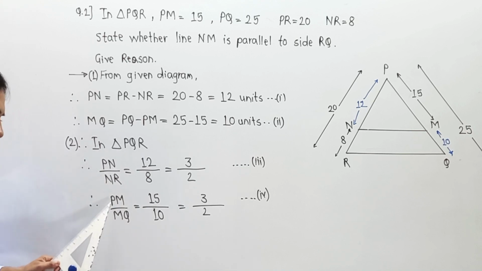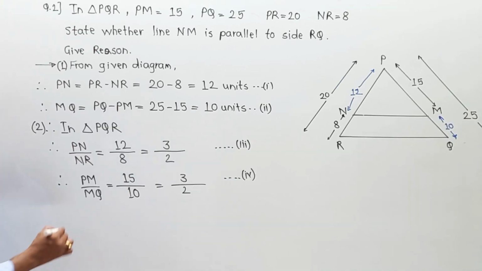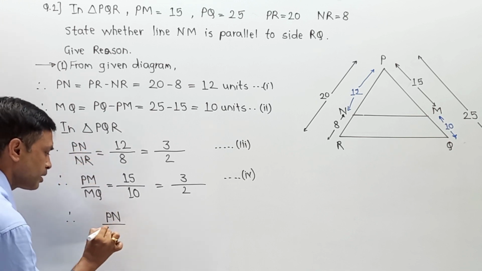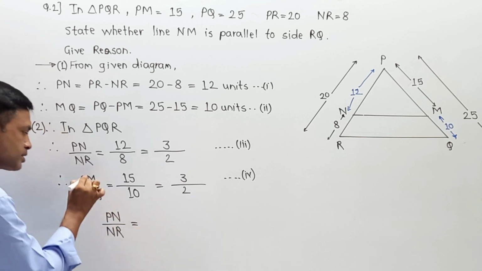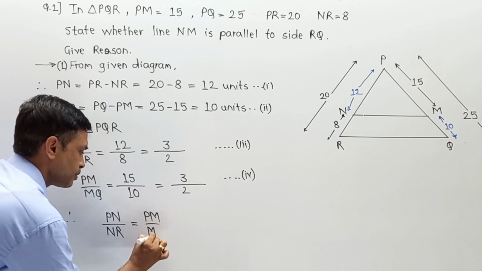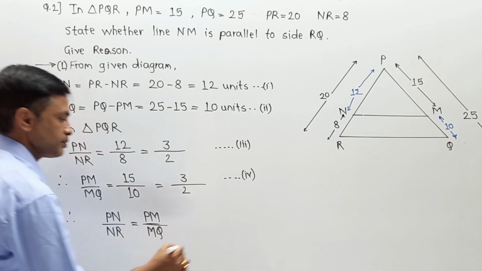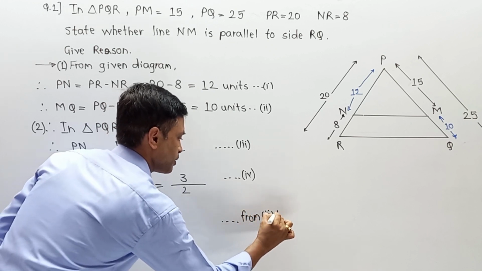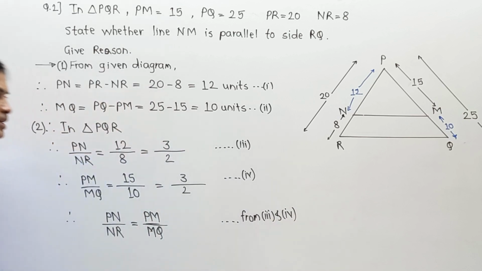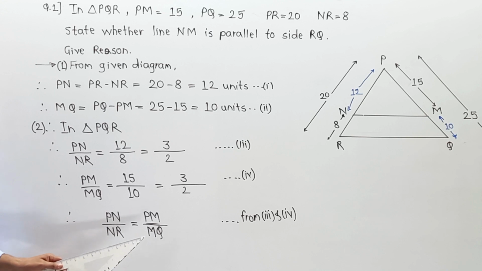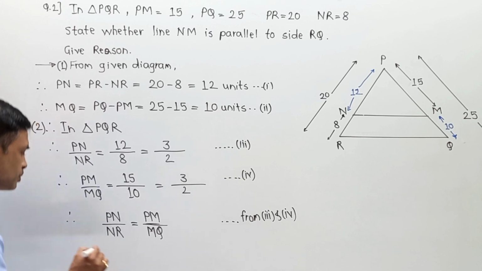Naturally PN upon NR is equal to PM upon MQ, from 3 and 4. Naturally we can say that here the part ratio is proportionate, so we can say that NM is parallel to side RQ.